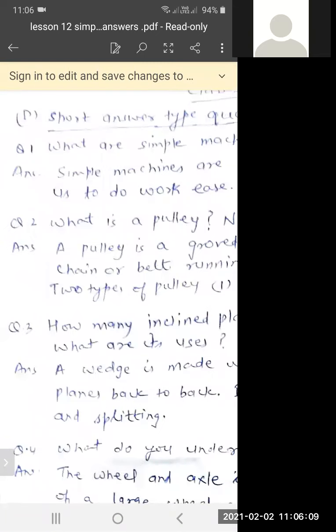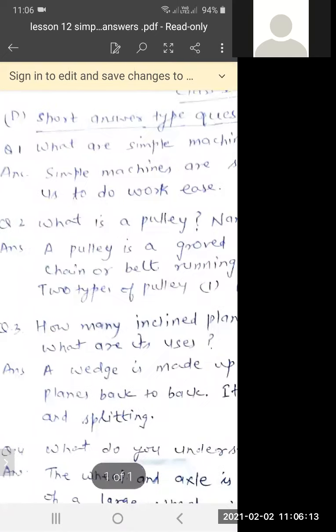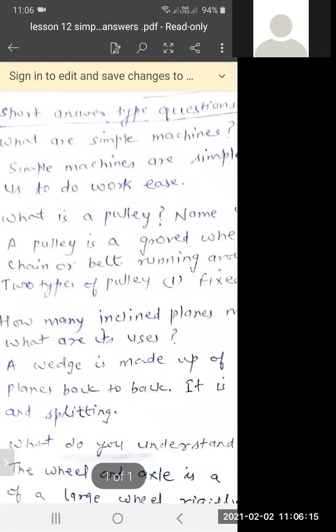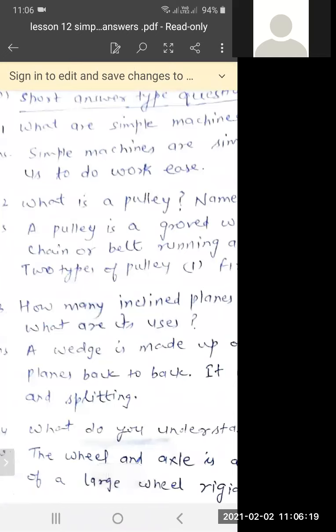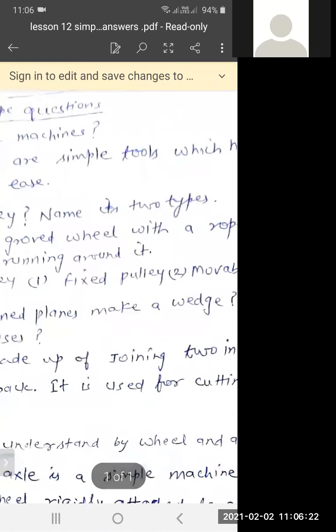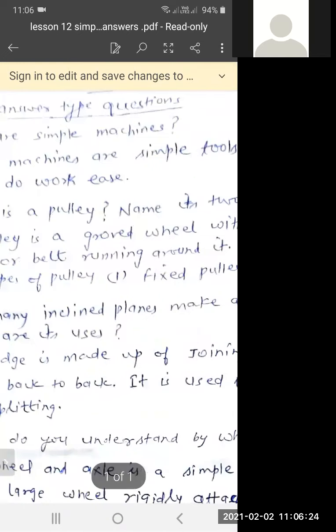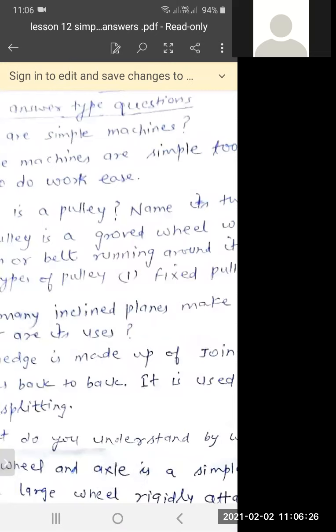The answer for this question is, simple machines are simple tools which help us do work easy. Simple machines, they are the simple tools which make our work easy, and it saves the time also.